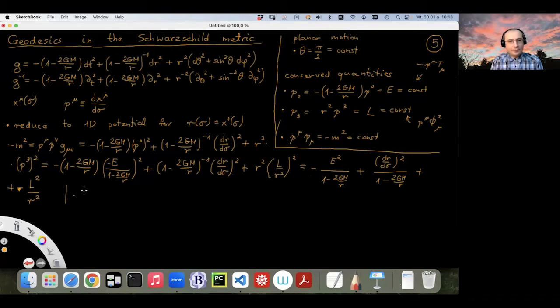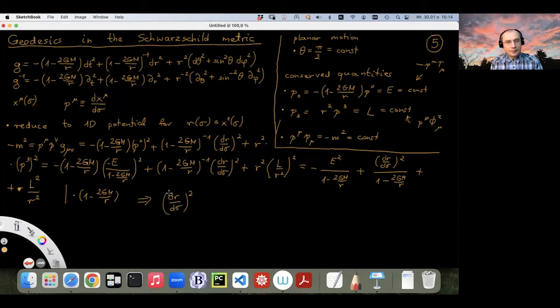We multiply everything by 1 minus 2GM over r. And from that we obtain dr over d sigma squared.